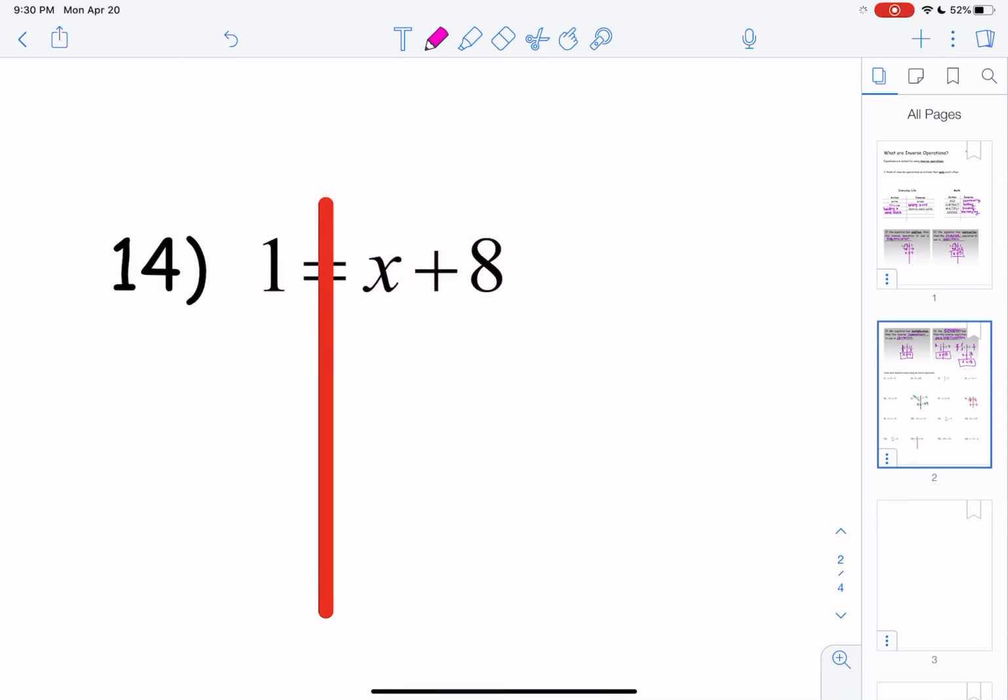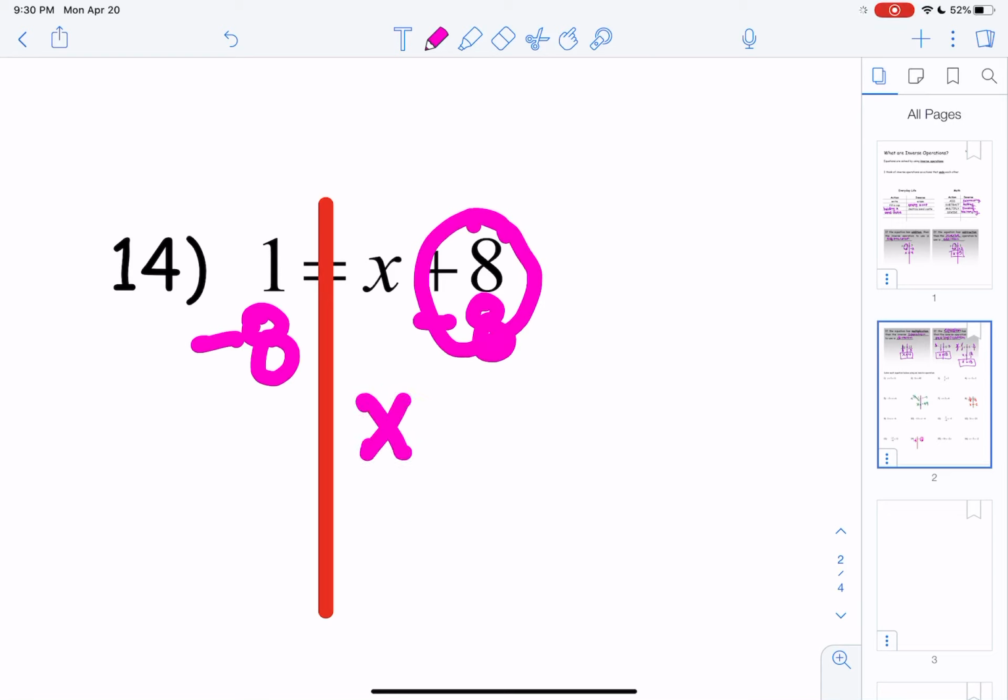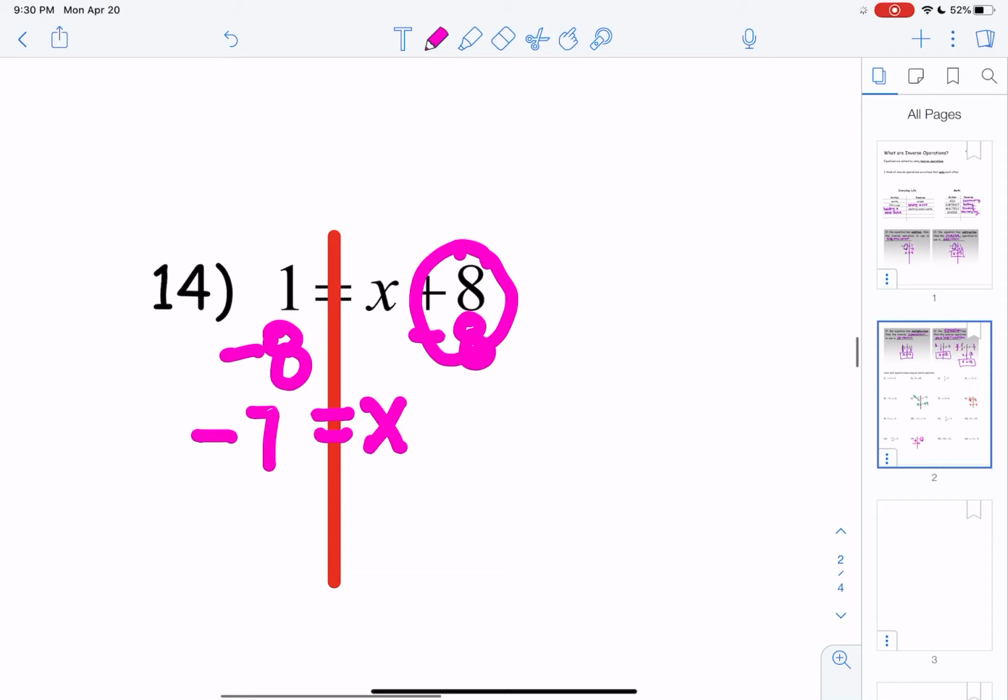What undoes adding 8? Subtracting 8. So minus 8, minus 8. This would be 0. I still have x on this side. 1 minus 8 is negative 7. So you still do the same thing even though the variable is now on the right-hand side. I hope this video helps and that you're able to do today's work.